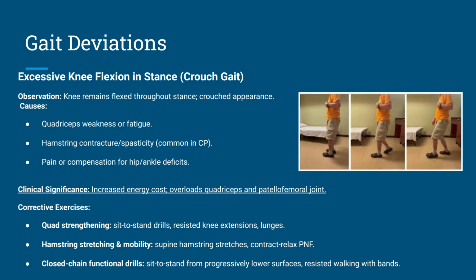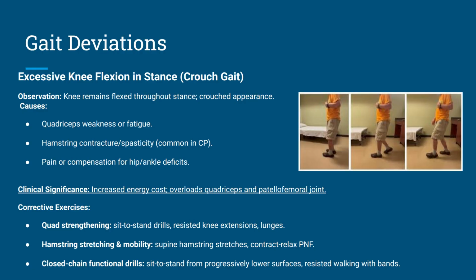Excessive knee flexion during stance, also known as a crouch gait. This is essentially the opposite problem and is far more metabolically expensive. What you observe: the knee remains flexed throughout stance.